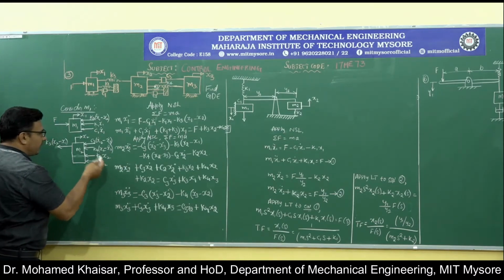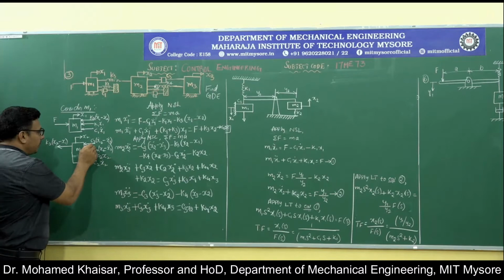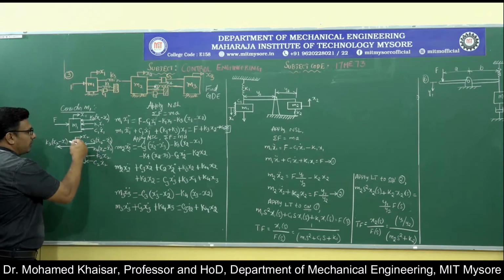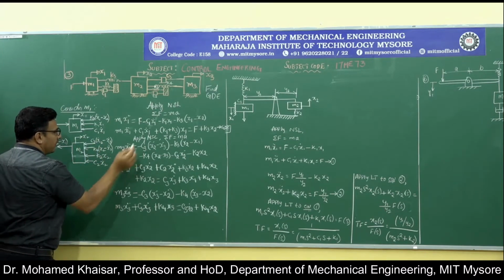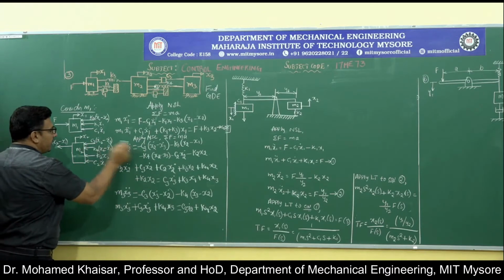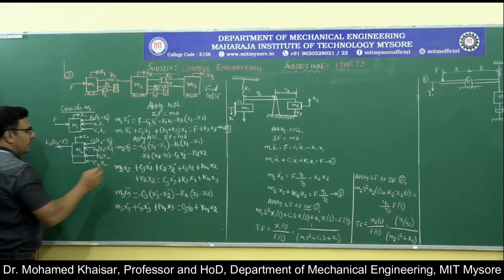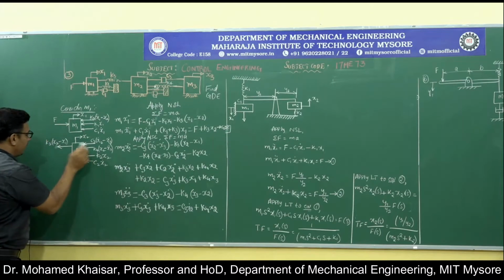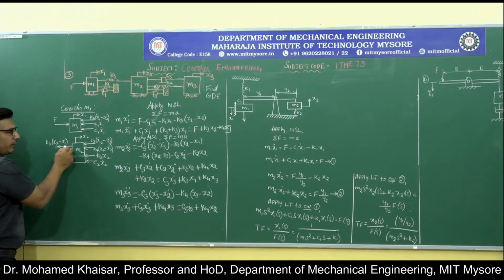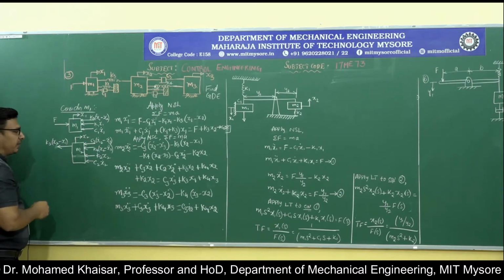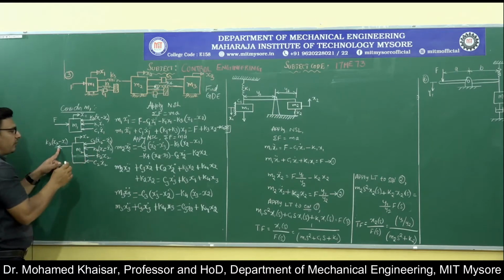Therefore, first let us write the velocity components. This force is in the direction opposite to x2, so minus c3 into (x2 dot minus x3 dot). Then minus k3 into (x2 minus x1), because this component is again in the direction opposite to the displacement x2. Then minus k4 into (x2 minus x3), which is also in the opposite direction.